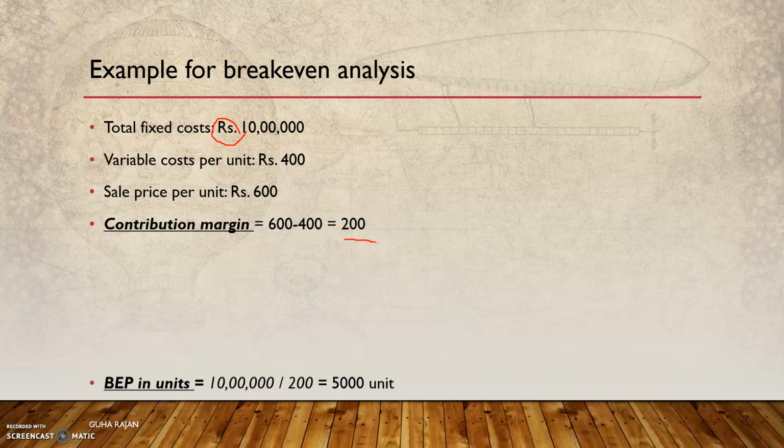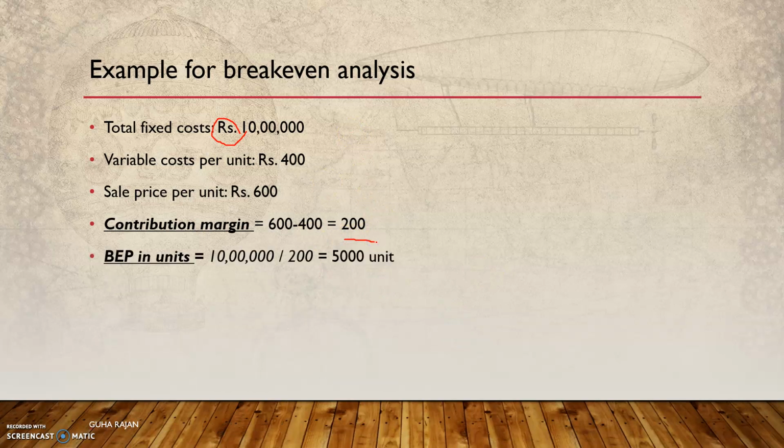So finally, the break-even units will be 1 mil divided by 200, which is about 5,000 units that one needs to produce, considering the variable cost, fixed cost and selling price.